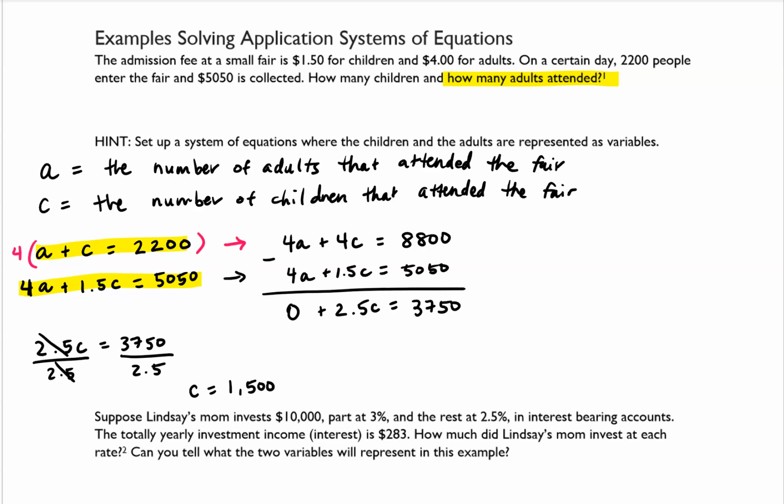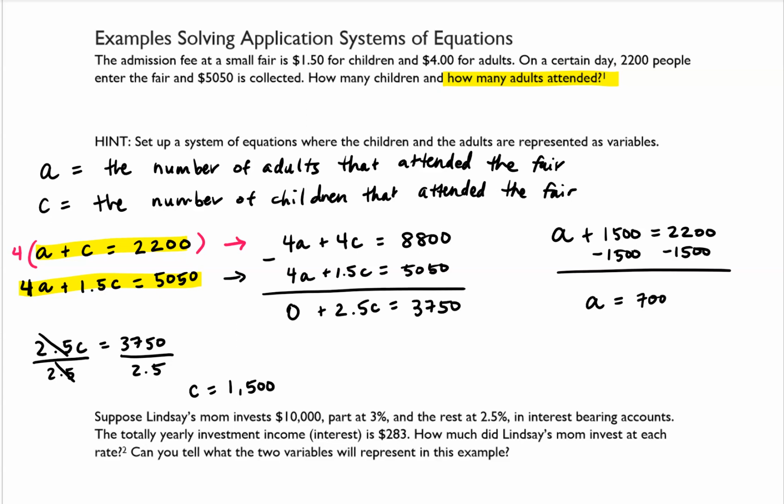We know that a total of 2,200 people attended the event, so we have A plus the number of children, which now we know to be 1,500, is equal to 2,200. So the way that we figure out the number of adults is we subtract 1,500 from 2,200.